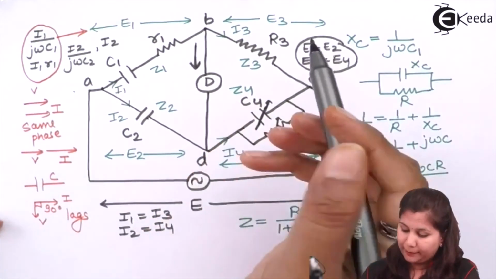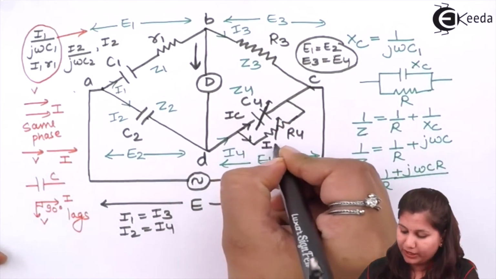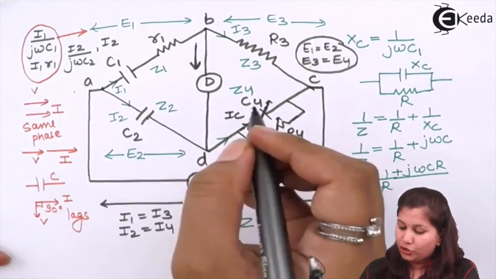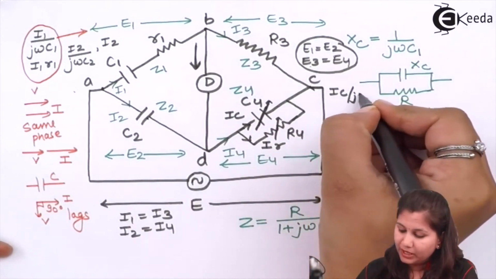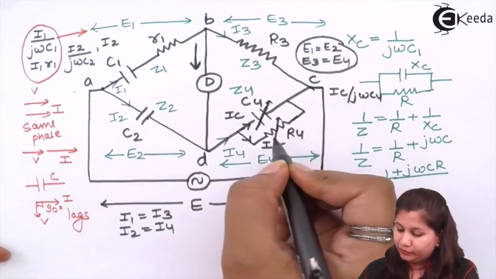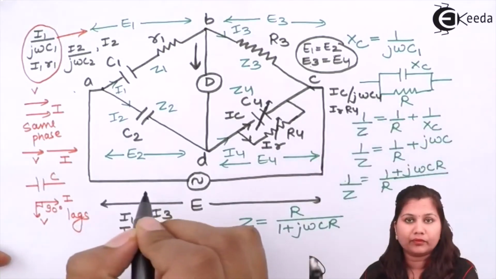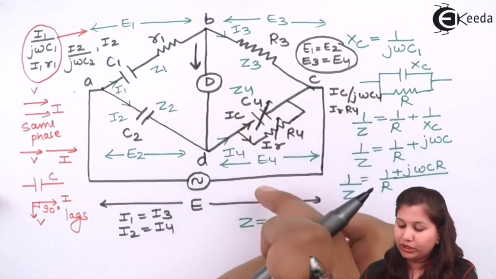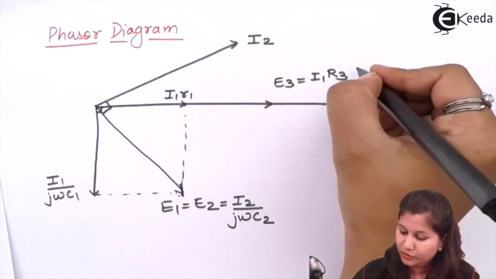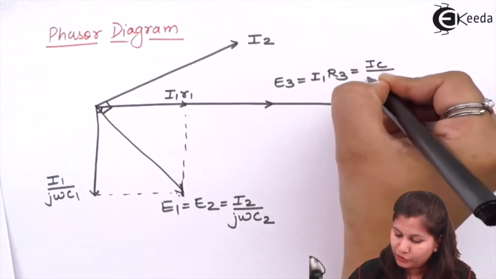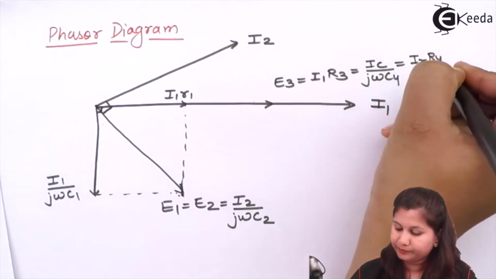Across this capacitor, suppose the current is IC, and across this resistance, suppose the current is IR. So the voltage drop across the capacitor will be IC upon j omega C4, and the voltage drop across this resistance will be IR R4. That will be equal to E4, or we can say it is equal to E3.